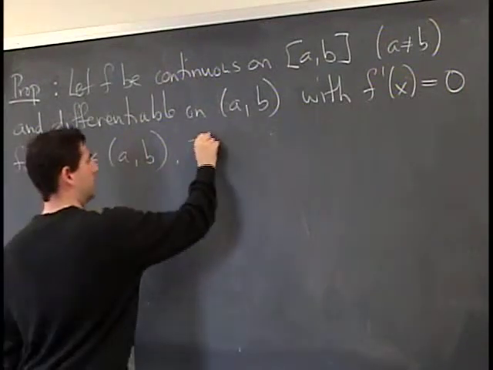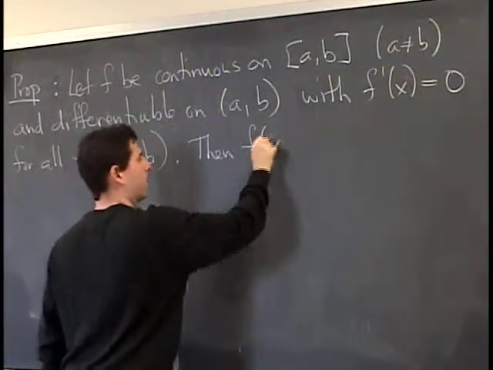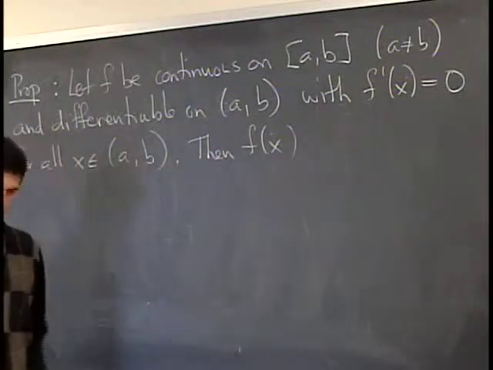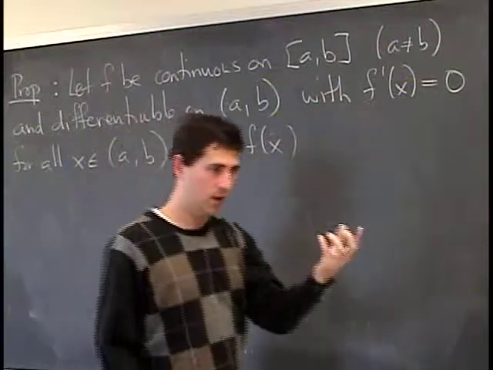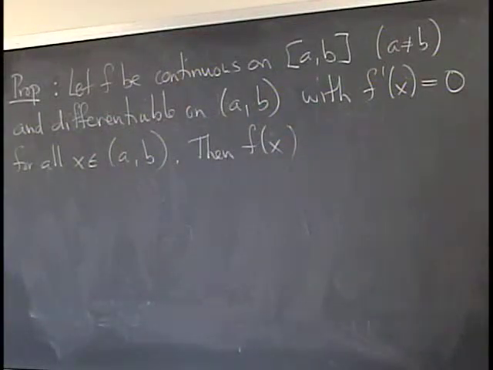The conclusion is, well, what should the conclusion be? The interesting part is that I have a function which, on some interval, has 0 derivative. Now, what function has 0 derivative? A constant function, right?